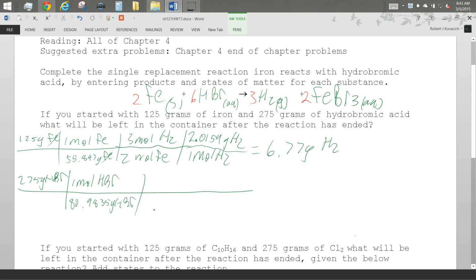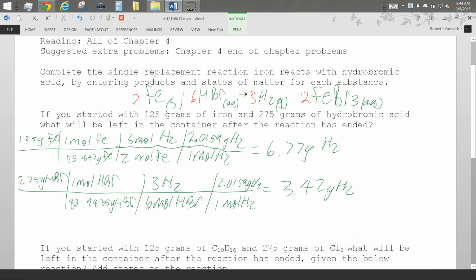And then for every 6 HBr, I will be making 3 hydrogens. And then for every 1 mole of hydrogen, I'll get 2.0159 grams of hydrogen. Okay, so 275 divided by my mass of a mole times 2.0159, and I get 3.42 grams of hydrogen.